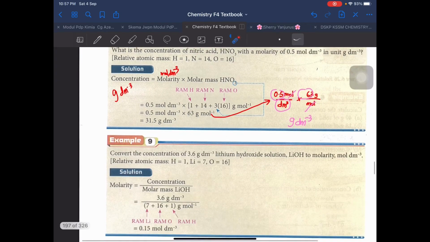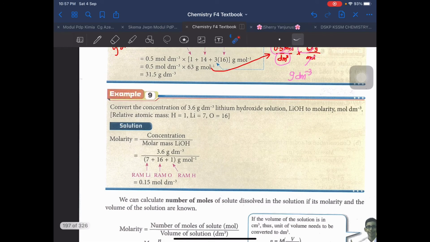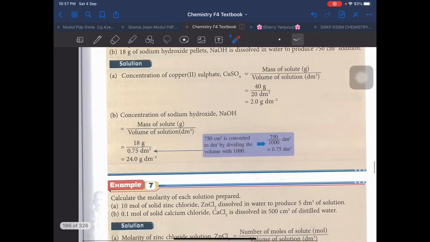Next, example 9. Convert the concentration of 3.6 gram per cubic decimeter lithium hydroxide solution to molarity. So sekarang ni daripada concentration ke molarity pula. Okay, let's refer to figure 6.26 again.